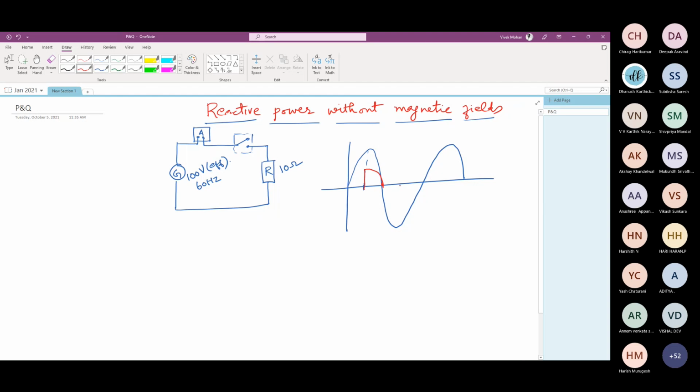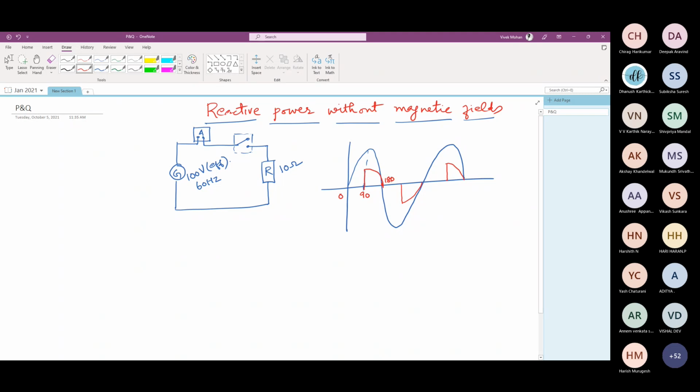Then this is the latter half, right? Latter half of this half cycle. So the current is like this. So the switch opens and closes its contact so that the current only flows during the latter part of each half cycle. So this is 90, this is 0, this is 180, right?